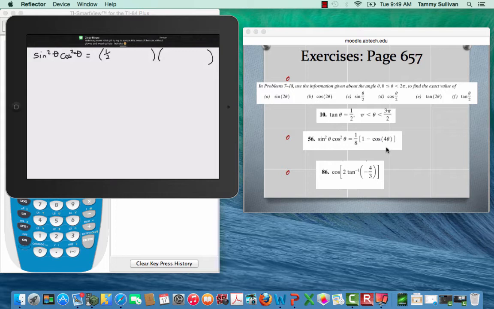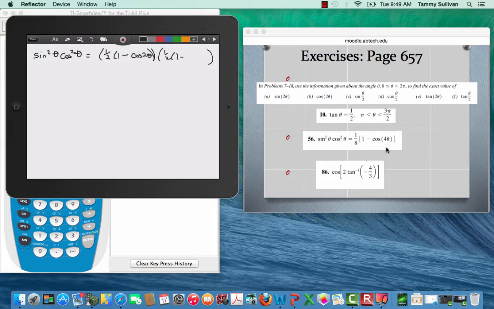So I've got 1/2 1 minus cosine 2 theta, and then I've got 1/2 1 plus cosine 2 theta. So the half and the half is going to give me the fourth, and then I've got 1 minus cosine 2 theta, 1 plus cosine 2 theta.